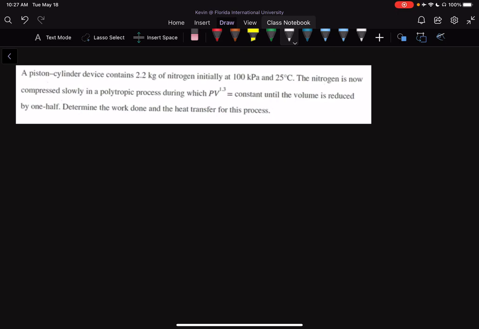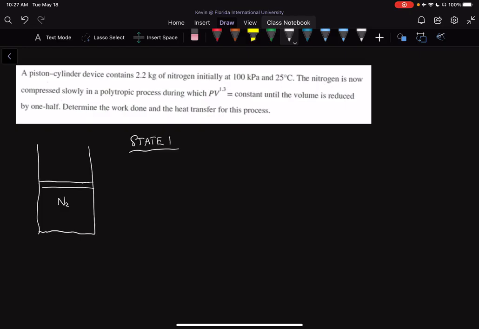A piston cylinder device contains 2.2 kilograms of nitrogen, initially at 100 kilopascals and 25 degrees Celsius. So we know we have a piston cylinder assembly, and we know that it has nitrogen, N2, and we're told some information. So we can write state 1.